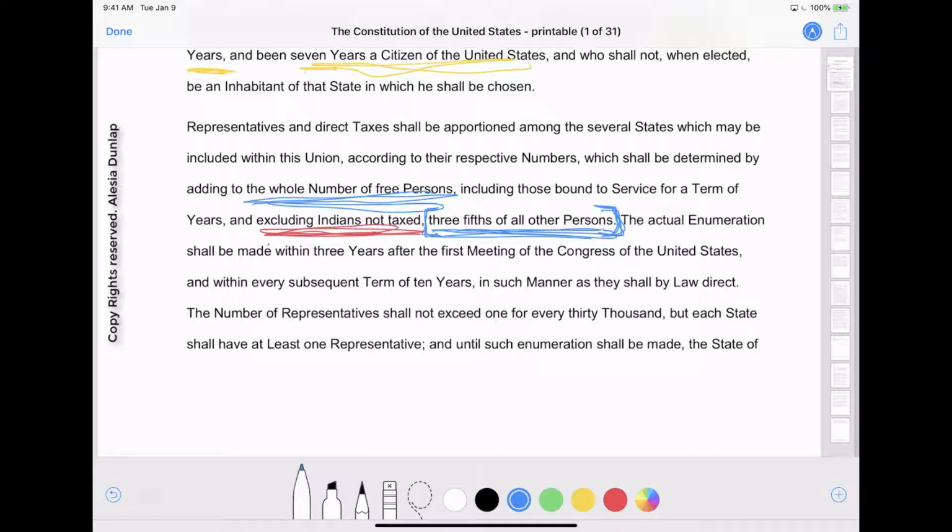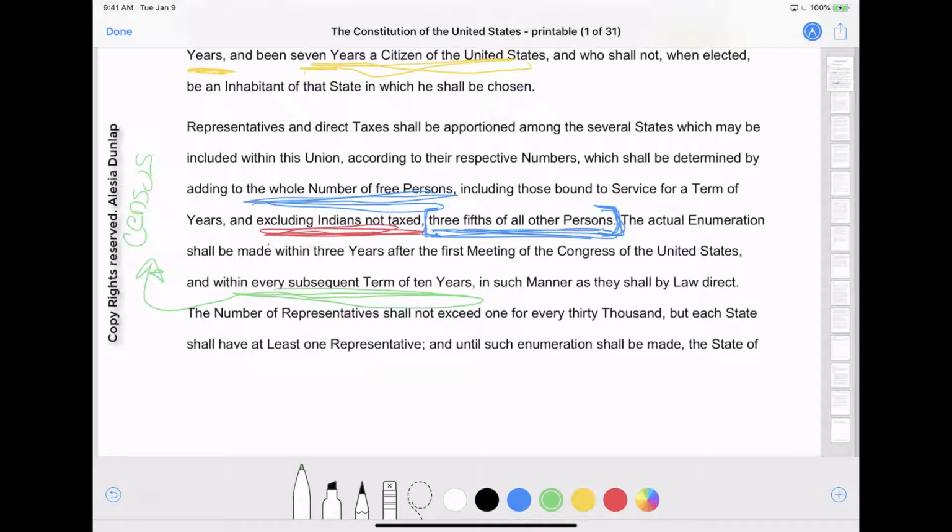The actual enumeration shall be within 3 years after the first meeting of the Congress of the United States, and within every subsequent term of 10 years. So here we have the concept of a census, right there, which was supposed to be conducted every 10 years.